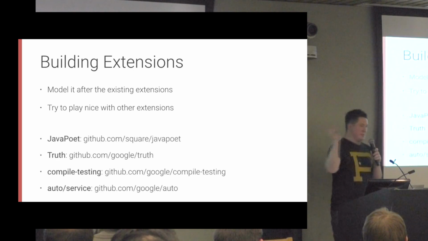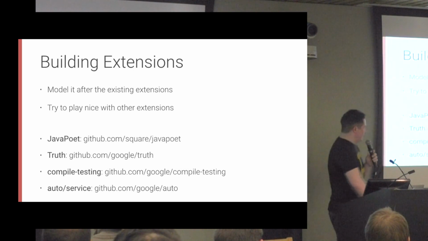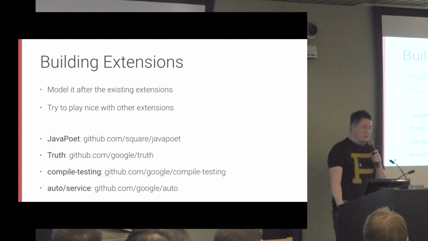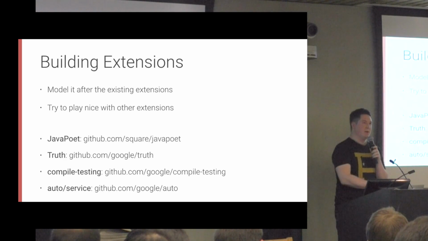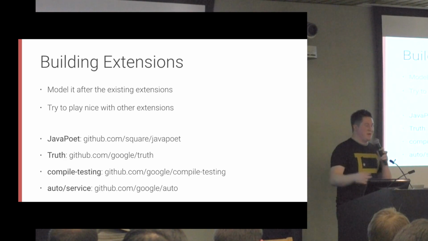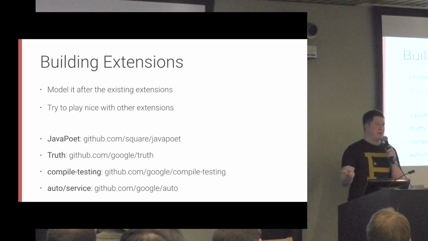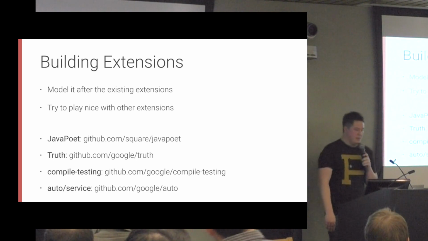If you look at the six or seven extensions, you'll see these four libraries over and over again. This is basically what you would use to generate classes. JavaPoet allows you to write a higher-level abstraction of generated Java. Truth and compile-testing, two libraries from Google, are fantastic for testing these things.